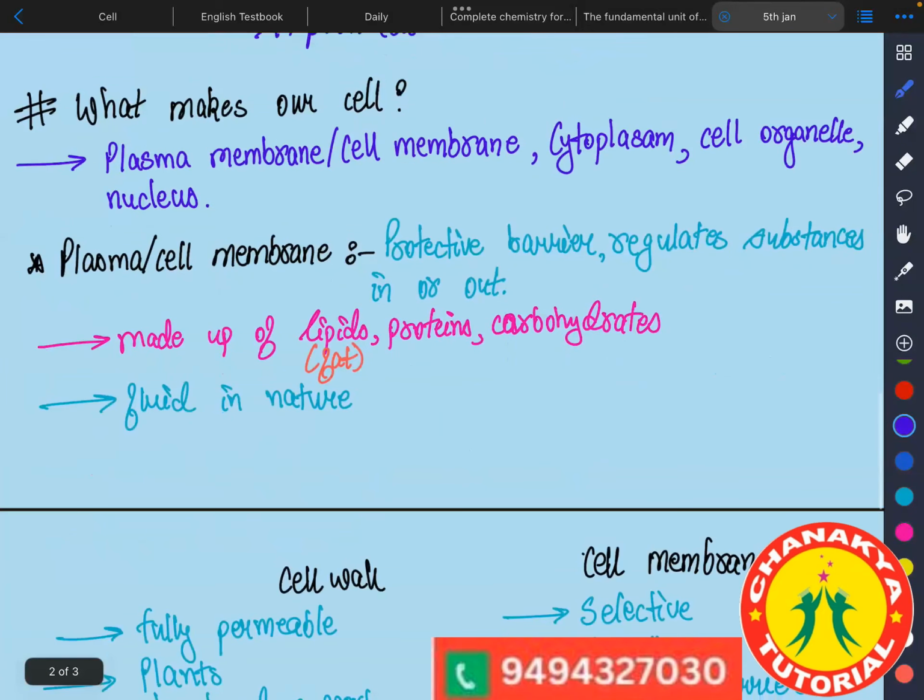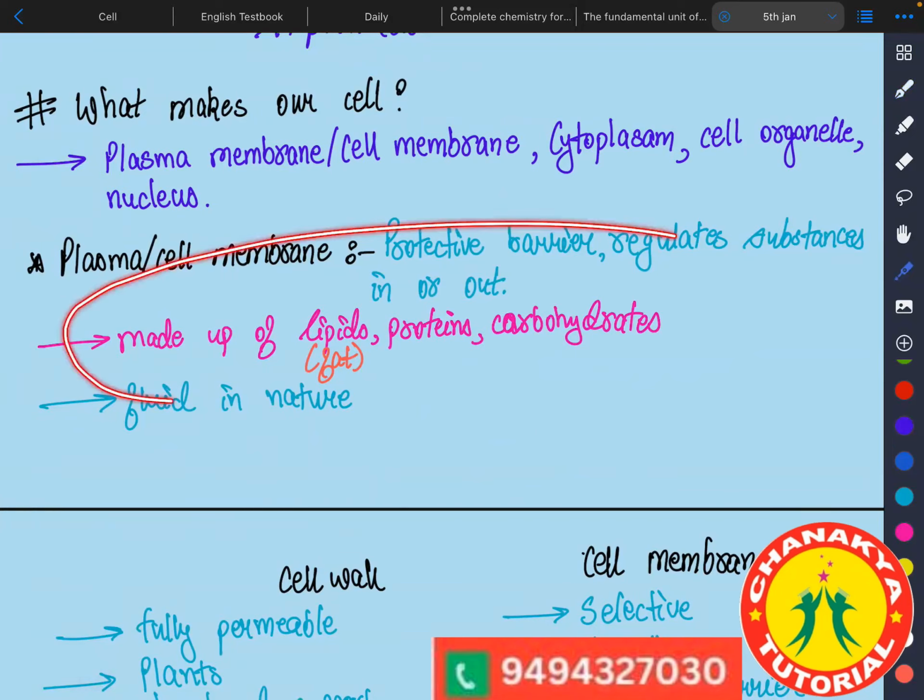Fine. Any doubt in plasma membrane? Any difficulty in understanding what it is and what it is made up of? Any doubt here? No, sir. So can you tell me what is the function of plasma membrane?